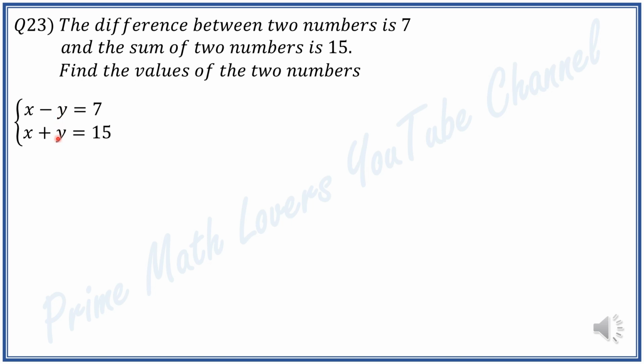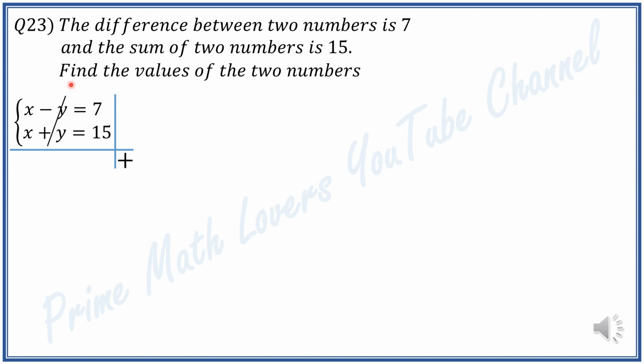If we add these two equations together, negative y from the first equation cancels out the positive y term in the second equation. So we add these two equations together.